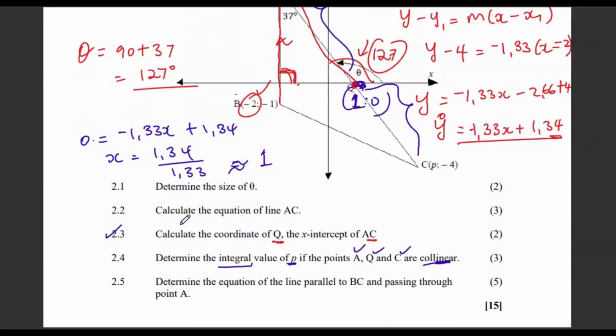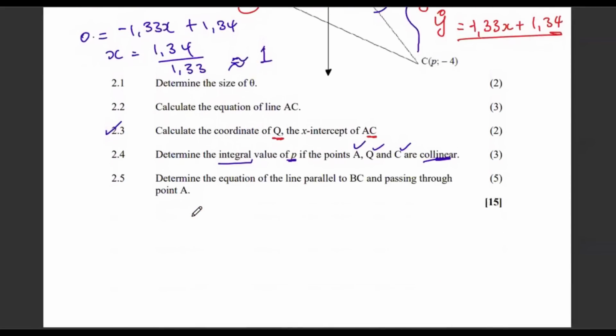So I'll say that the gradient of AQ should be the same as the gradient of QC. Then we're saying the change in y over the change in x must also be the same as the change in y in that case over the change in x.